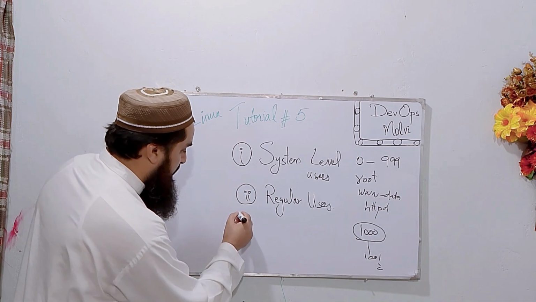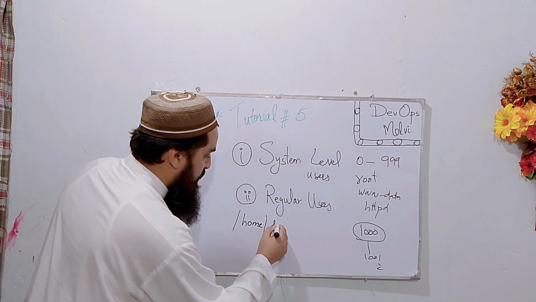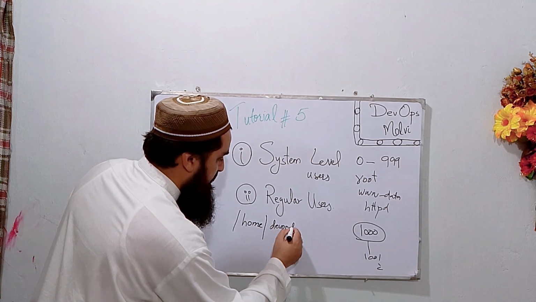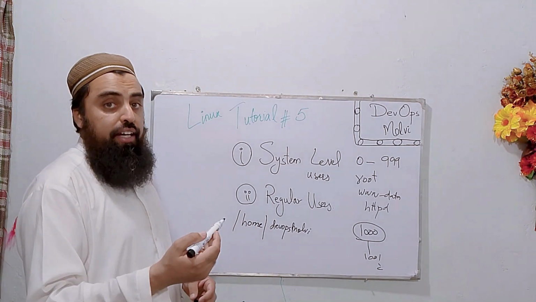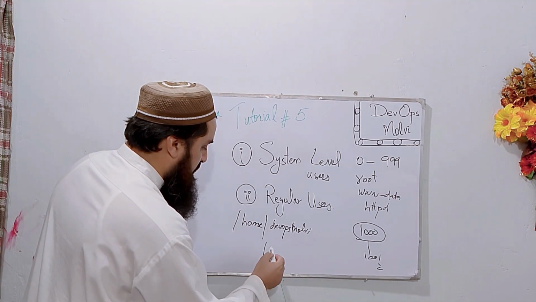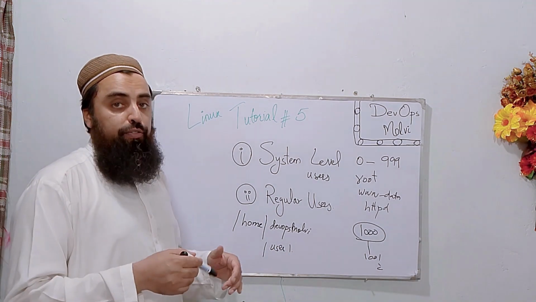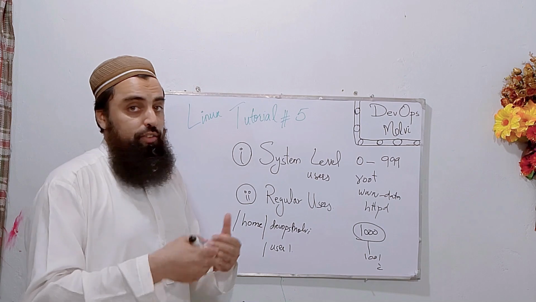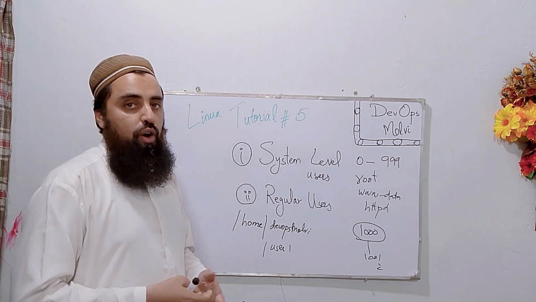A home directory looks like /home/devopsmolvi. That is my home directory. Similarly, if I add a new user, the home directory will be user1 or test1, etc. But we have to use a specific switch to add the home directory. It is not added by default. We will check it practically on our VM.